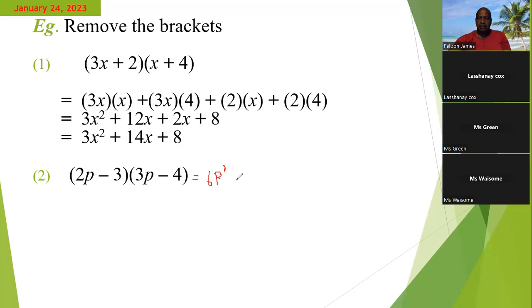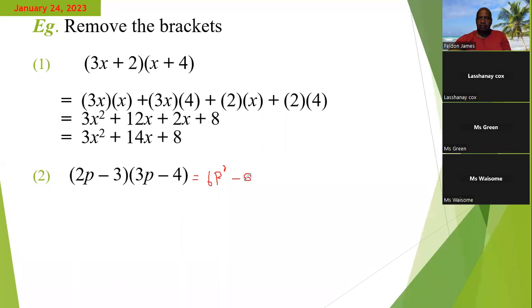Negative 3 times 3p would have given us negative 9p. Sorry, 2 times negative 4 would have given us negative 8p.